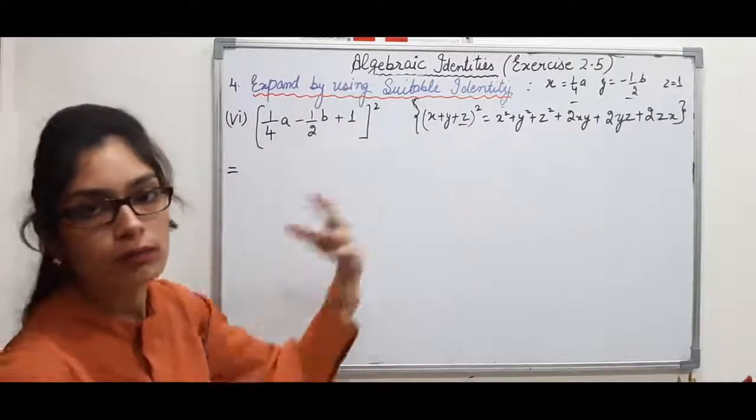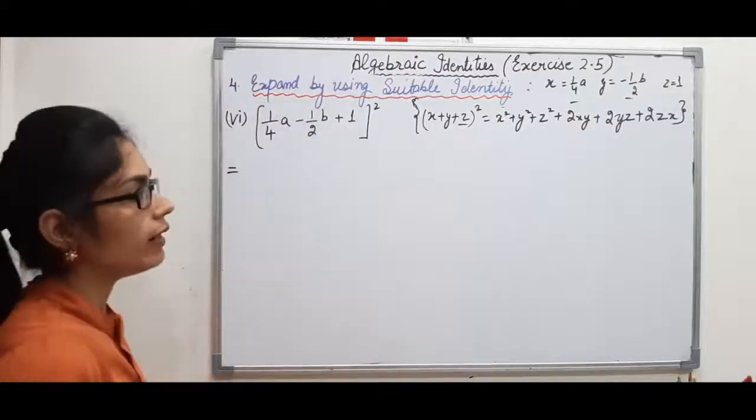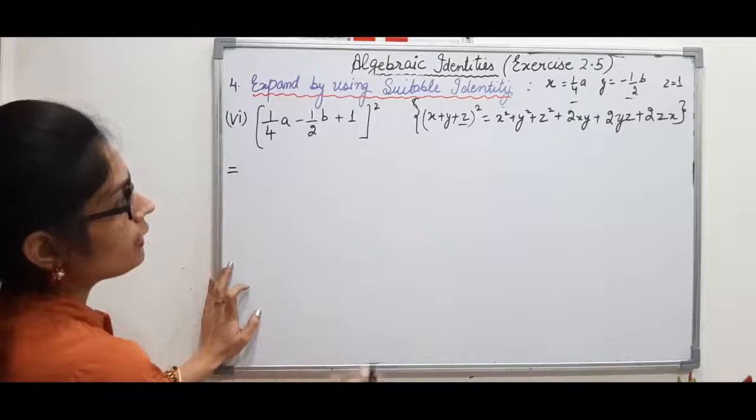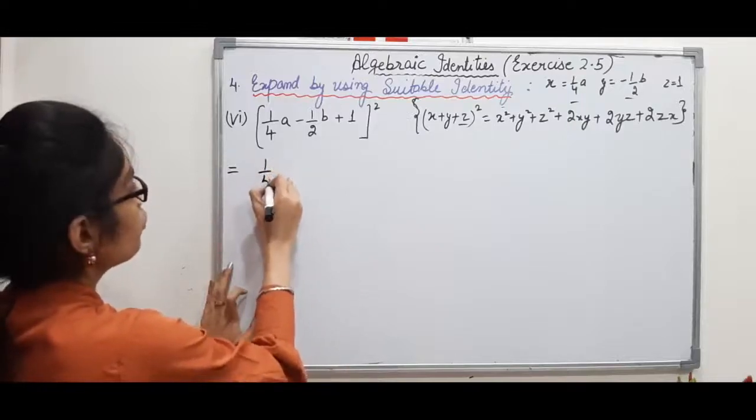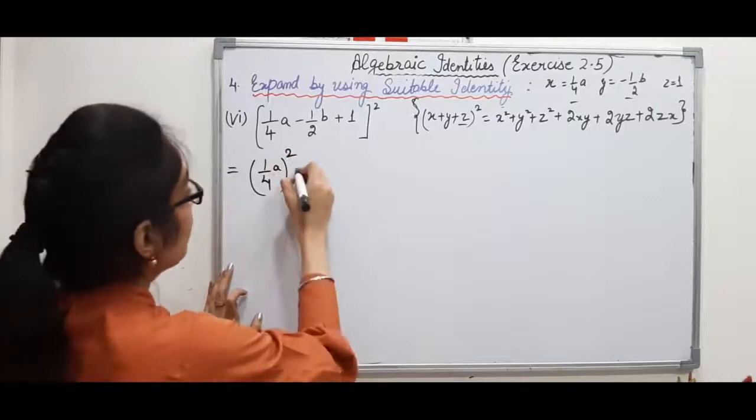Now we know the values. We can use this expression, substitute the values and find it. So x square, I can write 1 by 4a whole square plus y square.